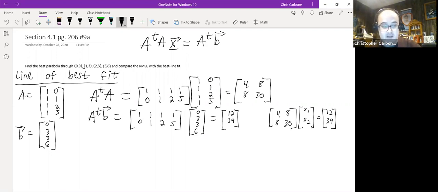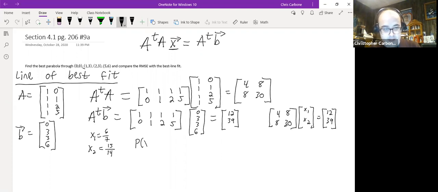Once we do solve this, we obtain a value for x sub 1 to be 6/7 and x sub 2 to be 15/14, which is what we obtained when we put it inside of Matlab, which means our line of best fit looks like this.